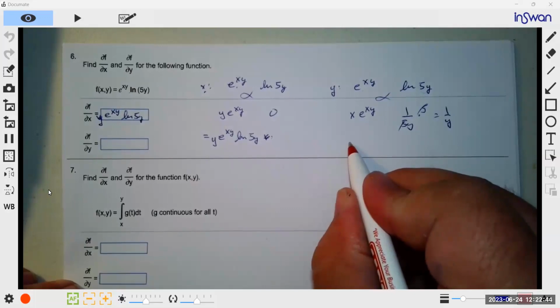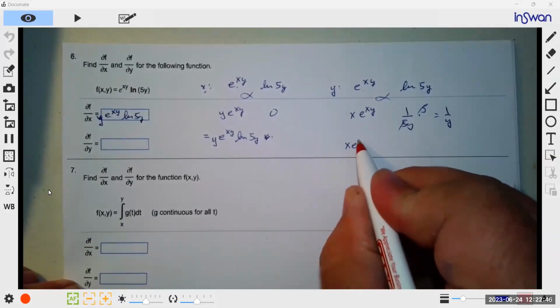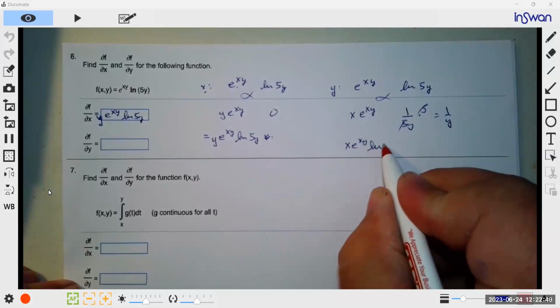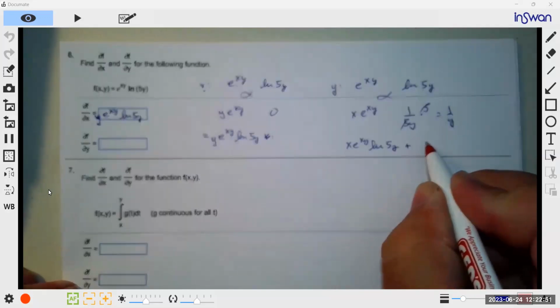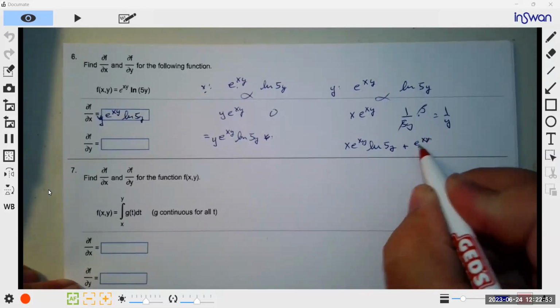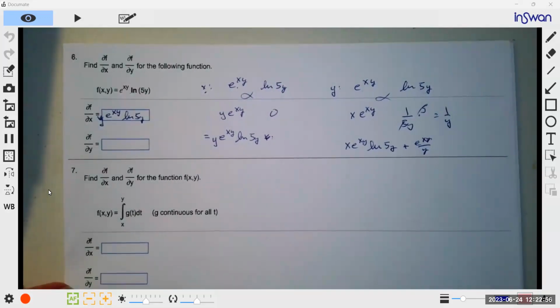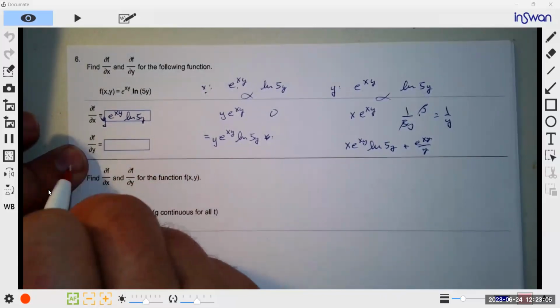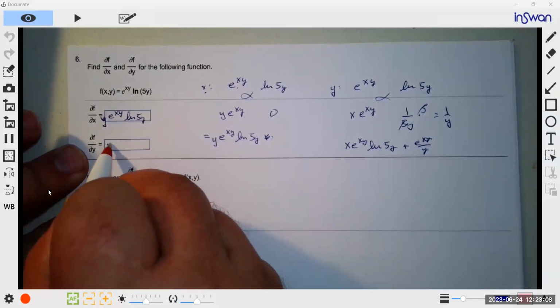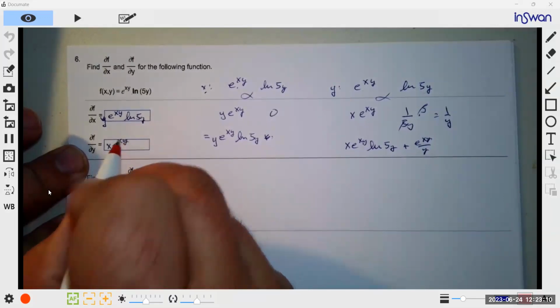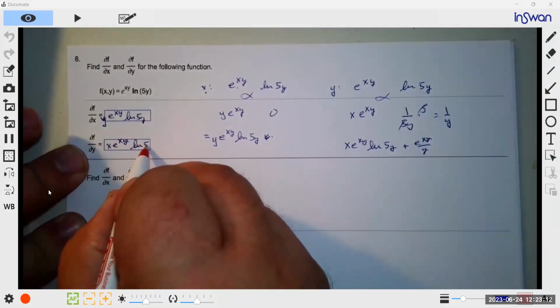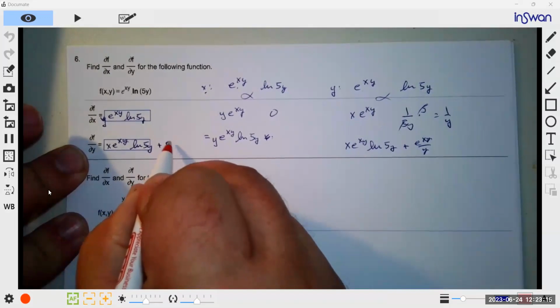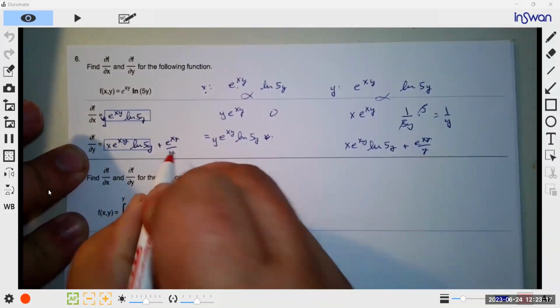So it becomes x e to the xy ln 5y plus e to the xy over y.